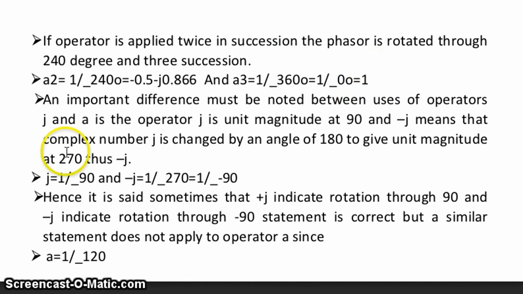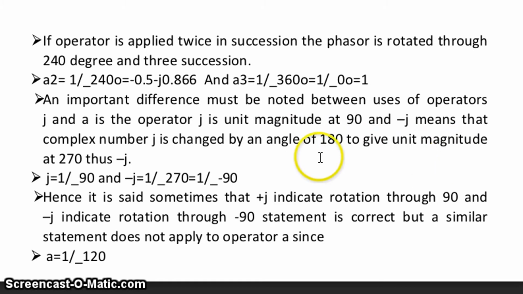Now there is a certain difference between the j and a operator. The j operator basically means 1 at an angle of 90, minus j means 1 at an angle of minus 90, right? But this is not the case with the a operator. Basically I'll explain what it means. If we have minus j, it means the complex number j is changed by an angle of 180°, right?